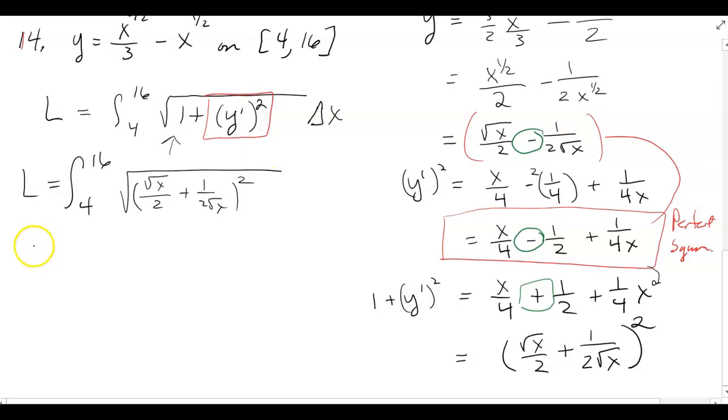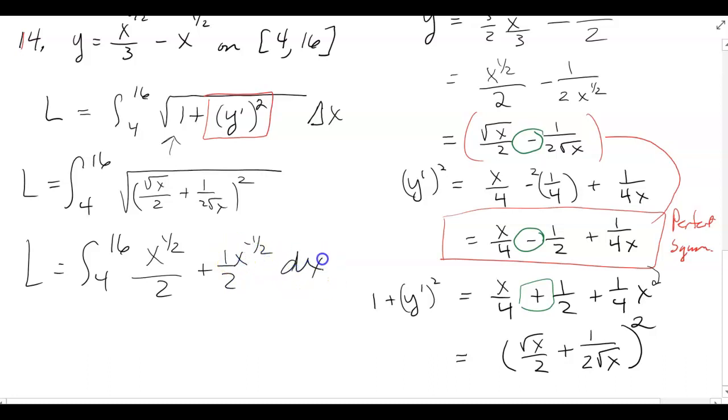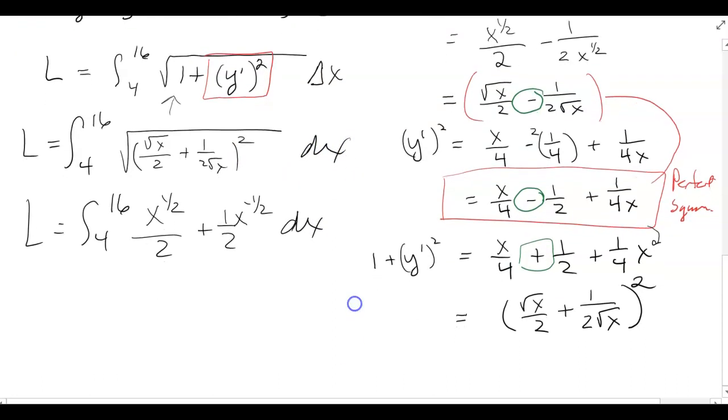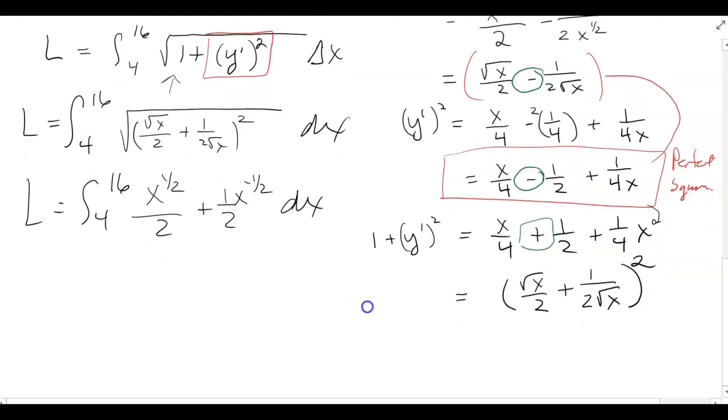But the square cancels. I'm going to change that to x to the 1/2 over 2 plus 1/2 x to the negative 1/2, dx, because the square just cancels the radical. Now I have something I can easily integrate.